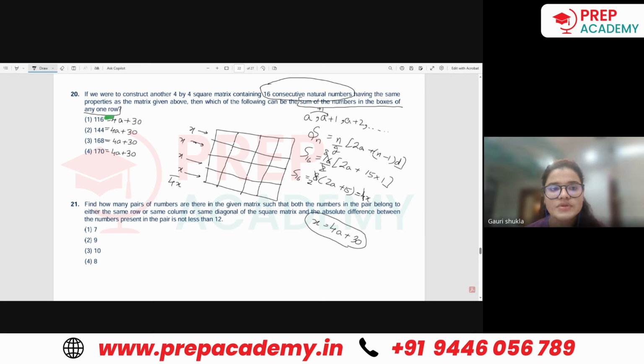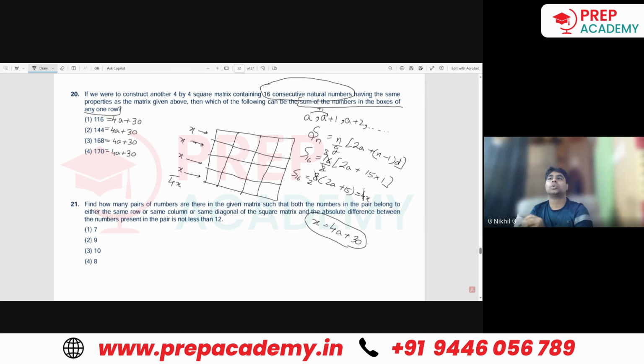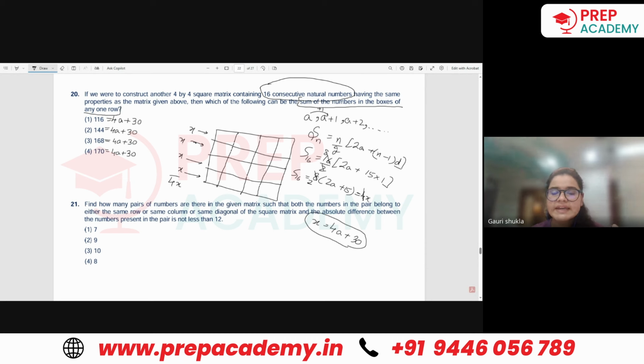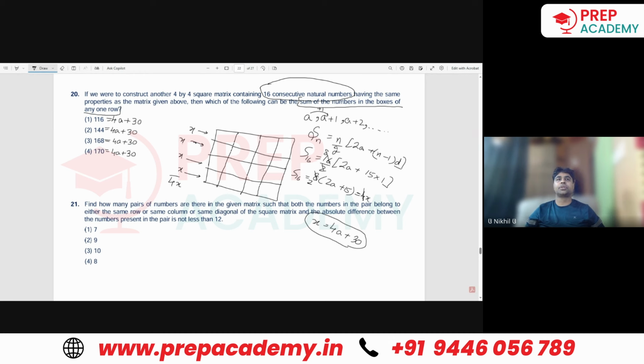What we'll do is subtract 30 from 116 and check whether it is divisible by 4 or not. Basically, if we are getting A as a whole number when we equate it. Exactly. So you'll try to get the value of A. If it is a natural number, then you are correct, and this option can be the answer. And we have to look for which of the following can be. It is not asking for cannot be, it is asking for can be.